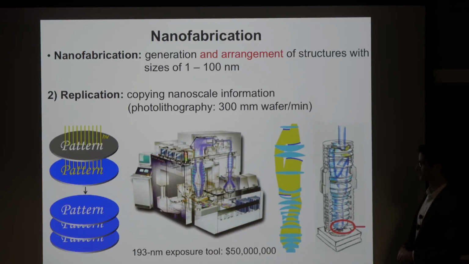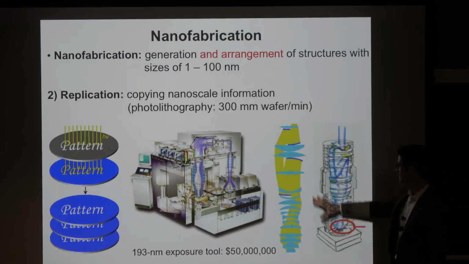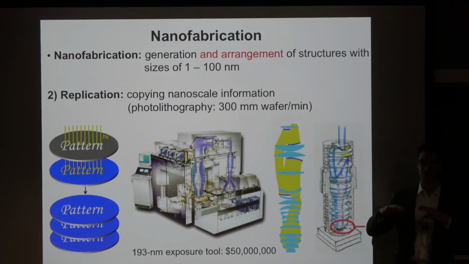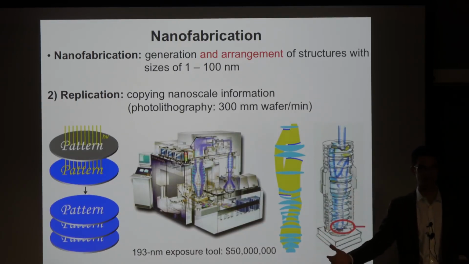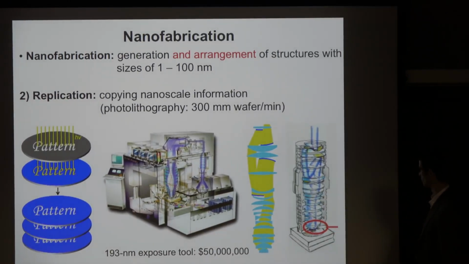And the reason that they're so expensive is because in order to produce this pattern and to get it down to a size that's equivalent to like 100 atoms across or 50 atoms across, which is what today's technology requires, you have to make these optical elements with nanometer precision, right? You have to arrange them in space, and they have to be ground to a radius of curvature that is not very tolerant of faults.